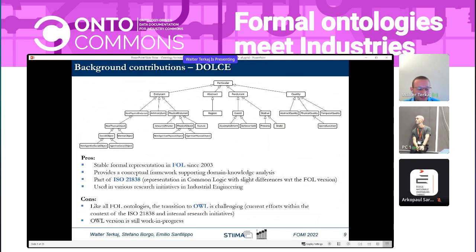Let's move to the background contribution. The title already says that we are focusing on Dolce. Of course, as with any scientific and industrial decision, there are pros and cons. Some of the pros, of course, is that the work about Dolce has already started about 20 years ago.